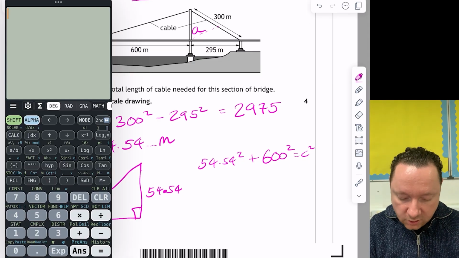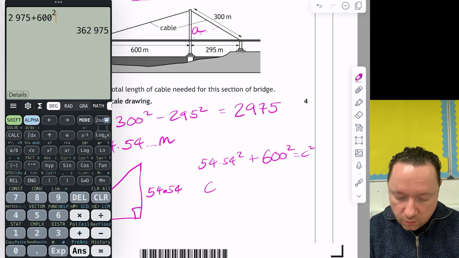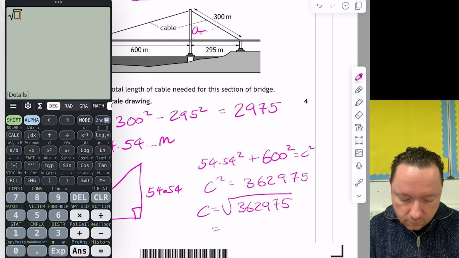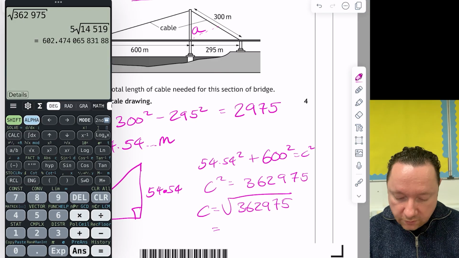We already know that that squared is 2975, plus 600 squared gives me 362,975. So C is the square root of that number, and that is 602.474.